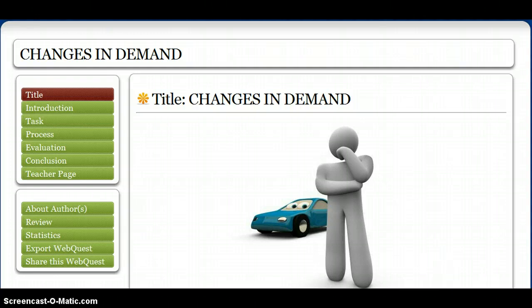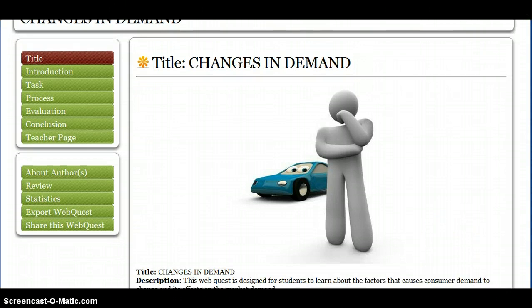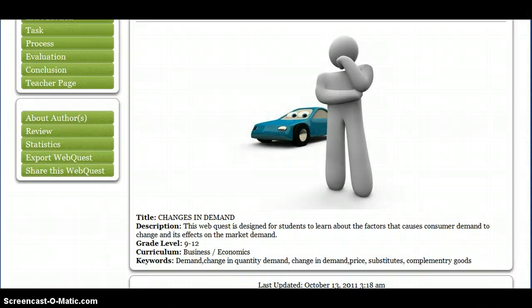As you can view, the web quest is titled Changes in Demand. This web quest is designed for students to learn about the factors that cause consumer demand to change and its effect on market demand.